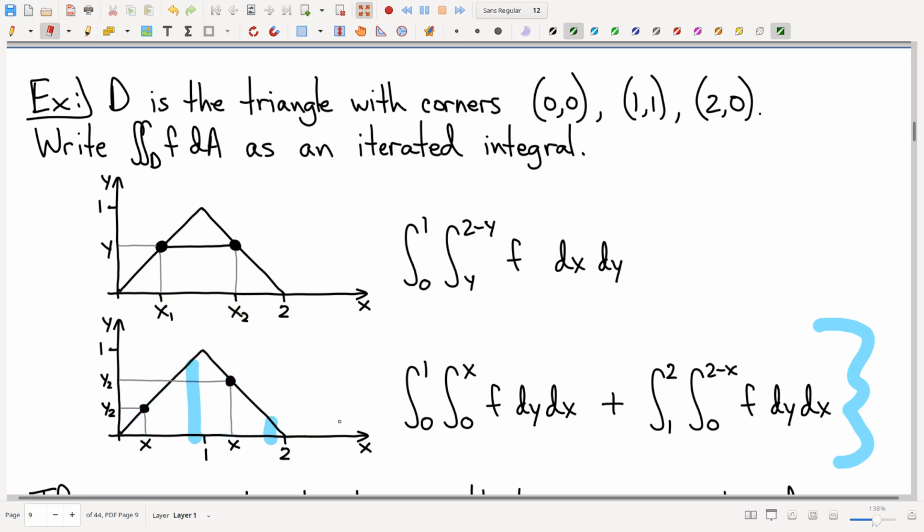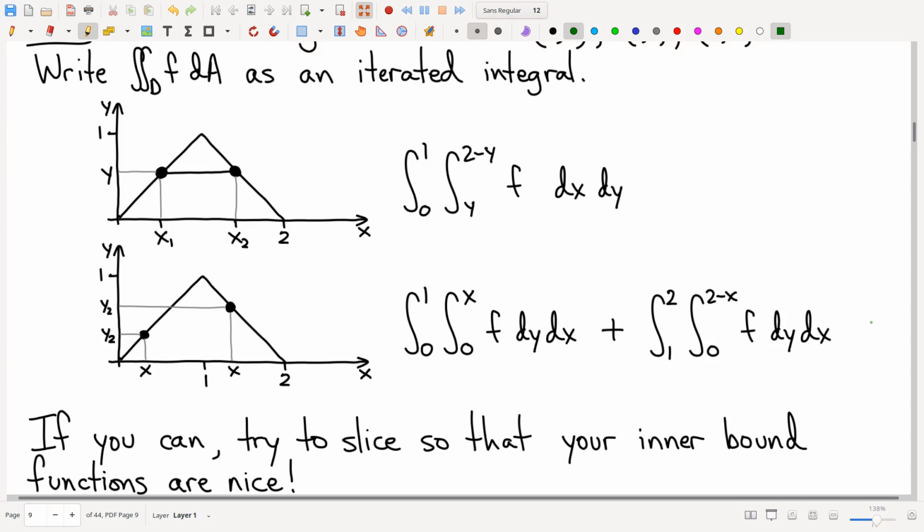Let me walk you through how you would put this into practice. You would say, okay, if I do my y slicing first, then I start slicing through a couple of corners, but hey, no problem. I was going to start a new integral anyway, so that's not an issue. I end at a corner, again, no problem. I was done already anyway. So I didn't slice through any corners in that slicing process.